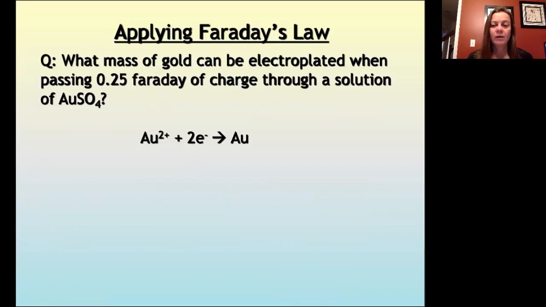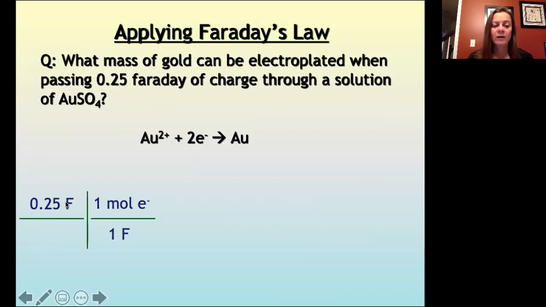So we're going to write our gold reduction so that we know how many moles of electrons. And then we're going to start out with our 0.25 Faradays. We know that 1 Faraday is 1 mole of electrons. So notice that we have a slightly different application here. Rather than converting from moles of electrons to coulombs, we're converting from Faradays to moles of electrons. So that allows us to cancel out the Faraday.